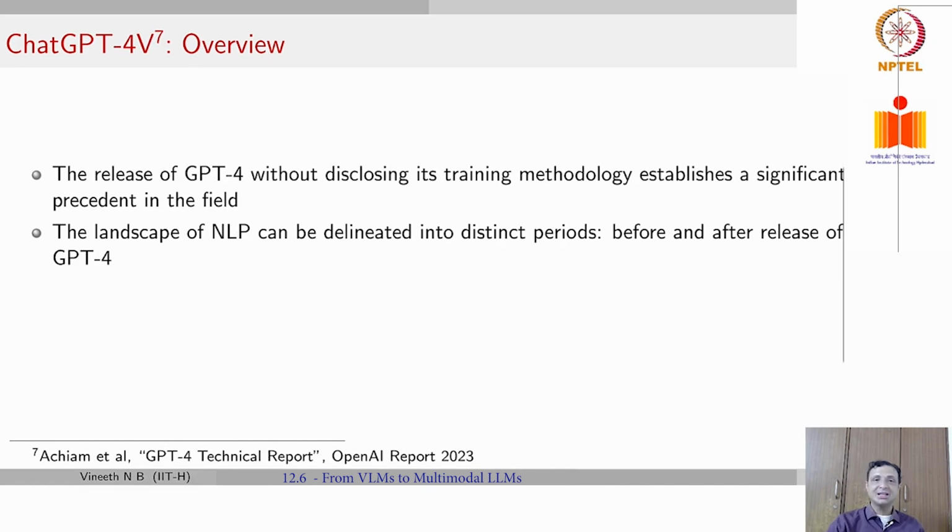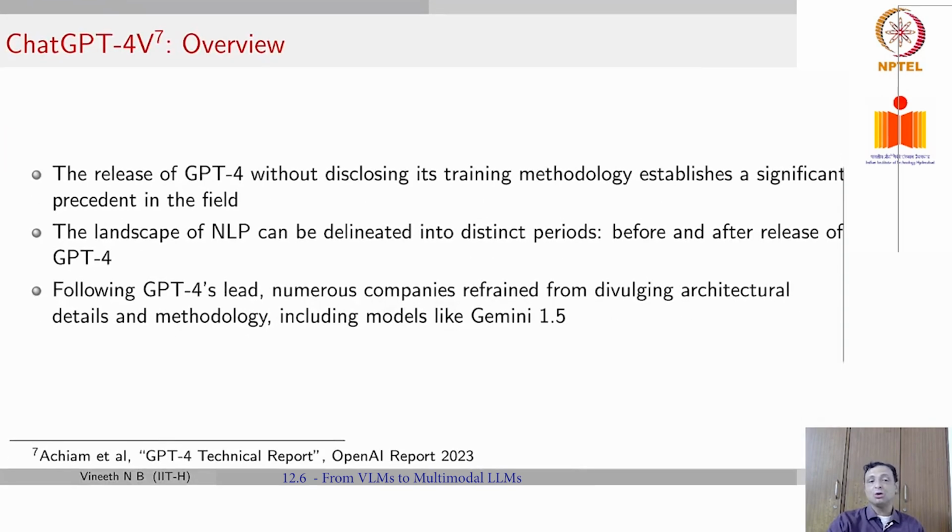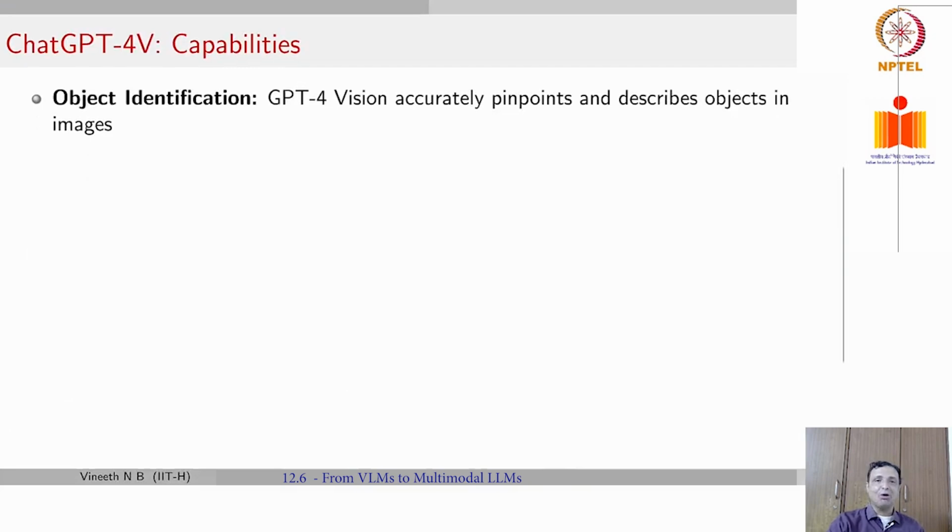You could now say that the landscape of NLP can be delineated into distinct periods before and after the release of GPT-4, because following GPT-4, many other companies have refrained from divulging their architectural details and methodology, including recent ones like Gemini 1.5. So we really cannot go into the depth of how these models work, but can only give examples of applications of these models.